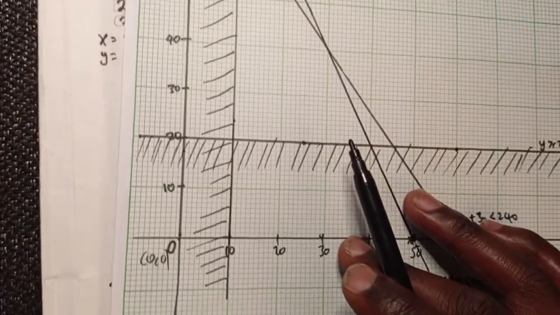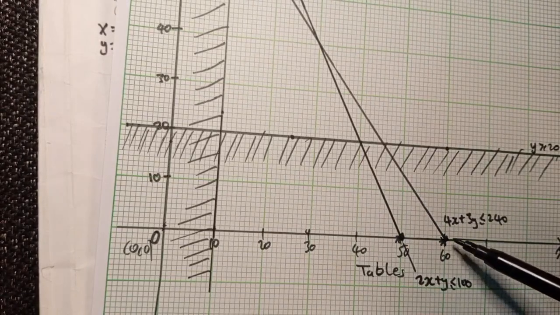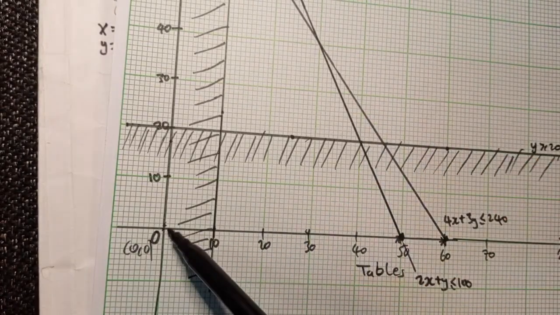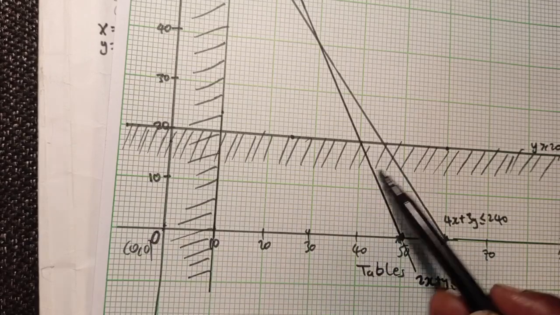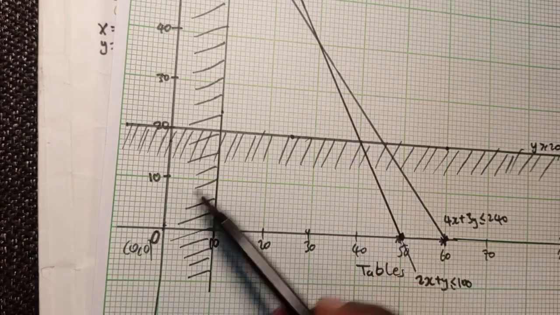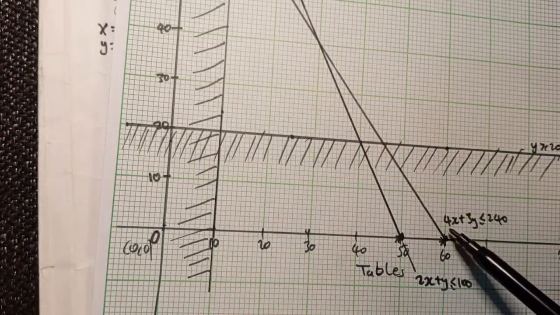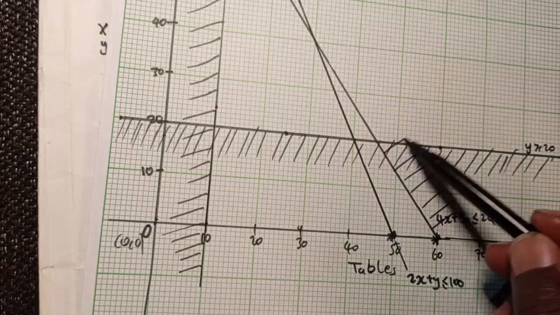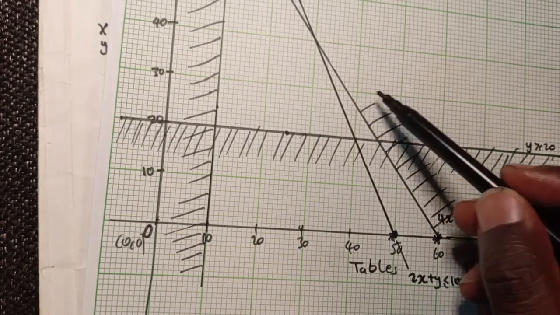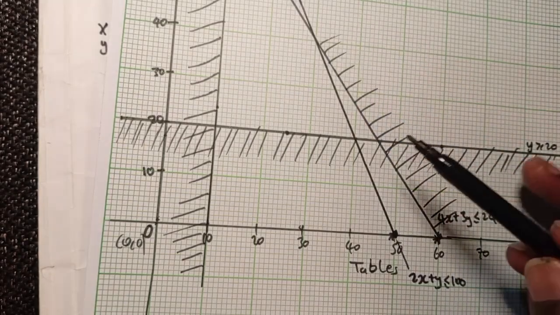So look at this. Which line are we dealing with? It's this line. So 0, 0 is here. So the statement was true, meaning we should shade this side where 0, 0 is. But since we want the unwanted region, we'll do the opposite and shade away from 0, 0. This part is where many people get confused.